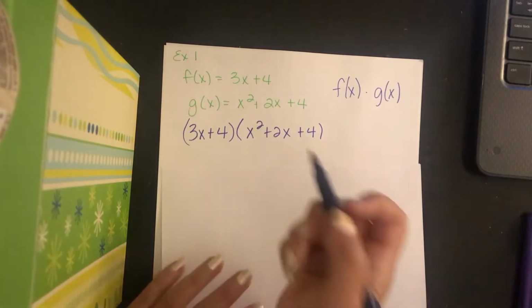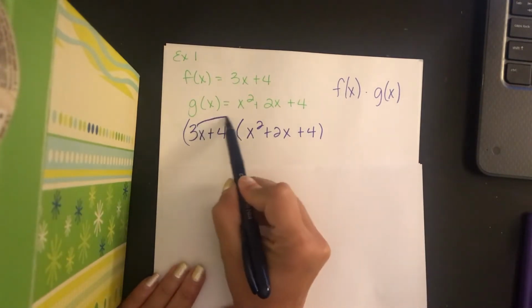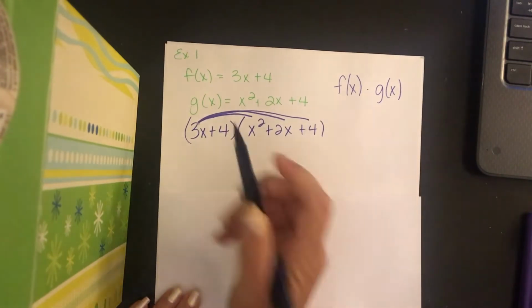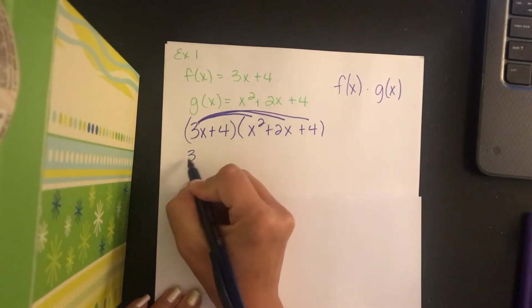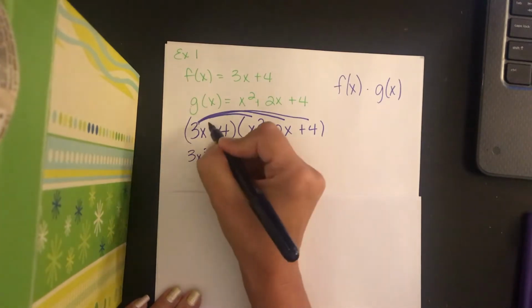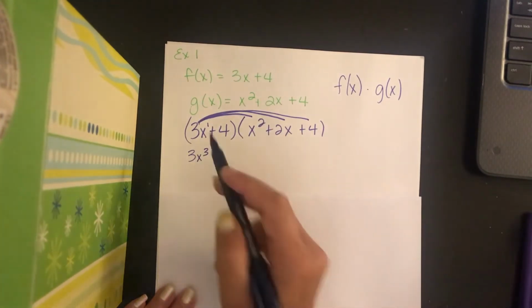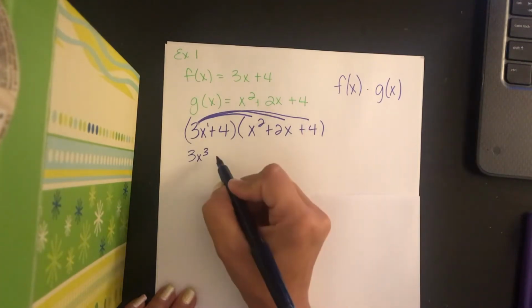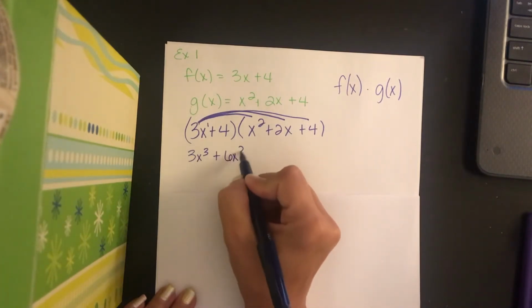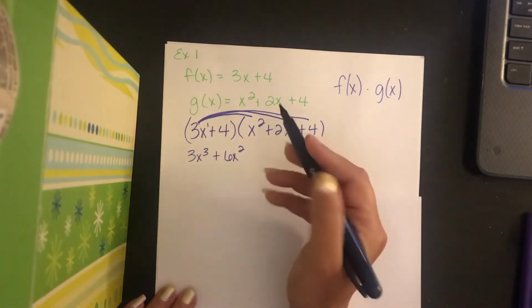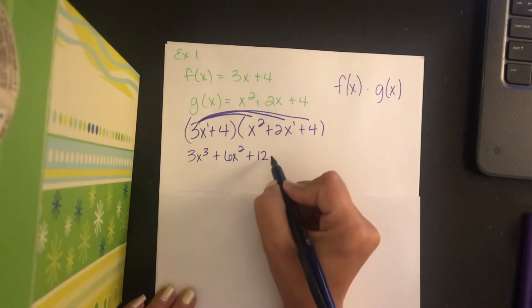So that first one, I'm going to take the 3x and I'm going to multiply it to everything in the second set. 3x times x squared is 3x to the third, because that exponent's really a 1, and 1 plus 2 is 3. 3x times 2x is 6x squared, because 1 plus 1 is 2. 3x times 4 is 12x.